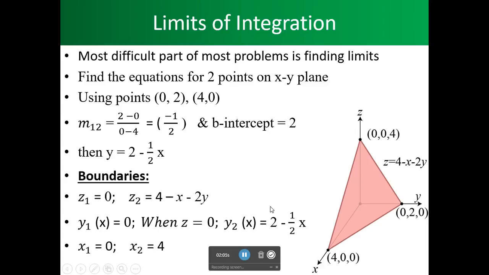So now, what about x? Well, we see x is 0, and when z equals 0, we can look right here and see that it's 4.